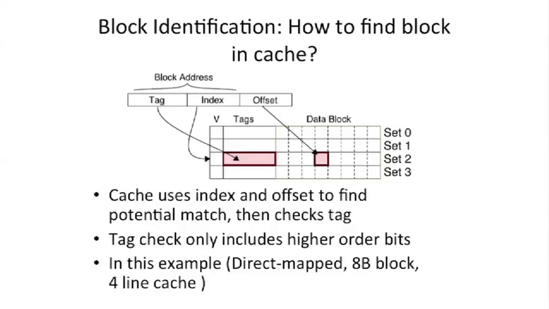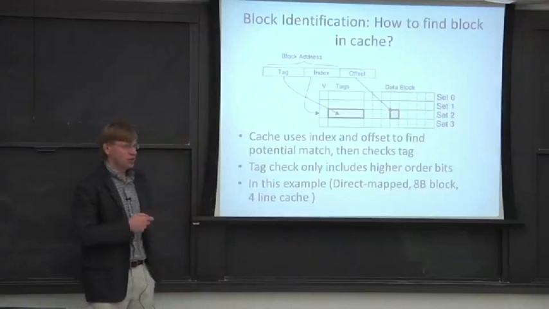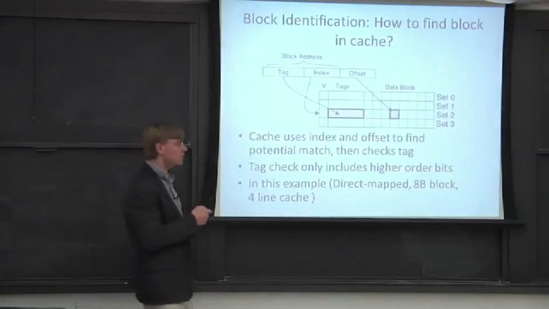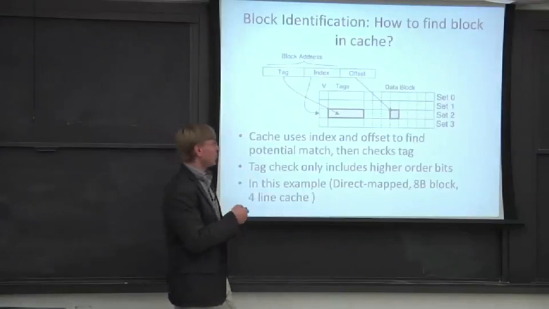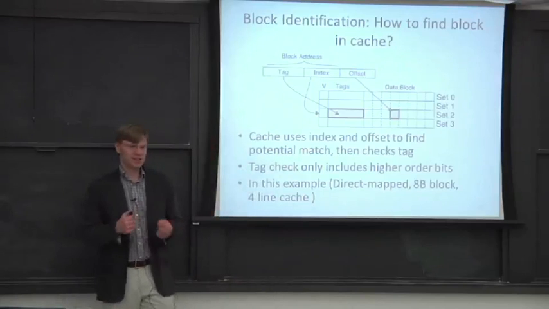So let's work a brief example here. We have 32-bit addresses. We have a 4-set direct mapped cache, and we have 64 bytes in our block size. How many bits are in the offset? Let's start with that. The offset is going to have to index a byte within the block. So if we have byte addressable memory, and there are 64 different entries, log base 2 of 64 is 6.